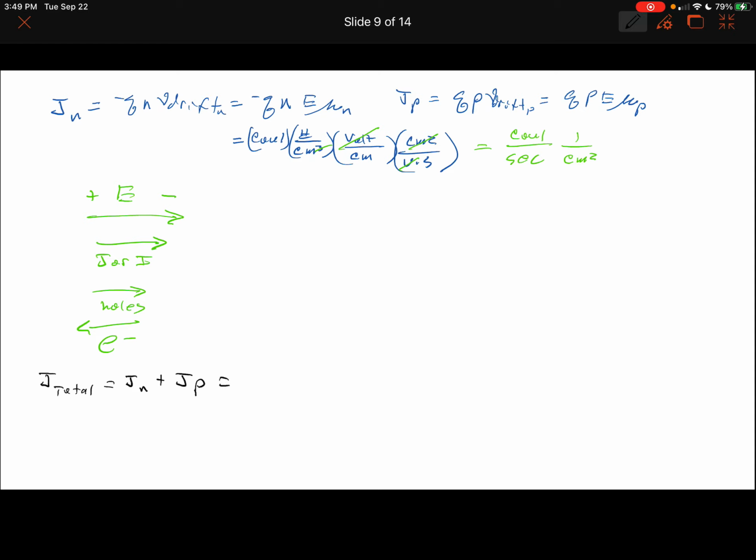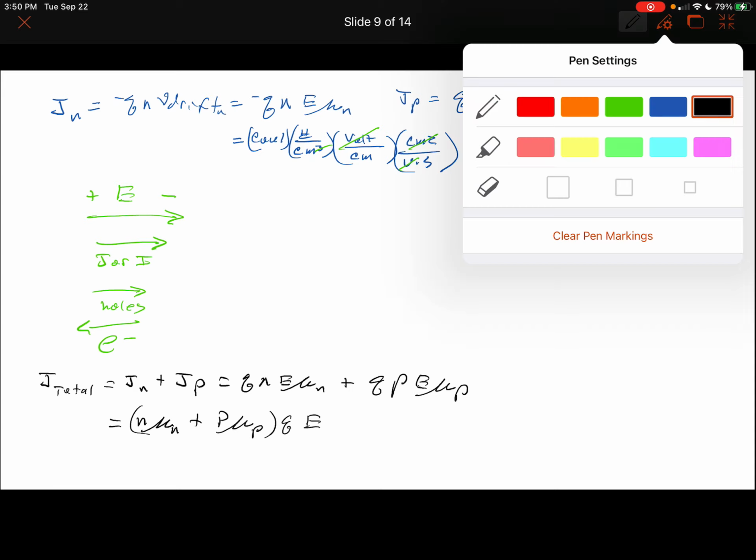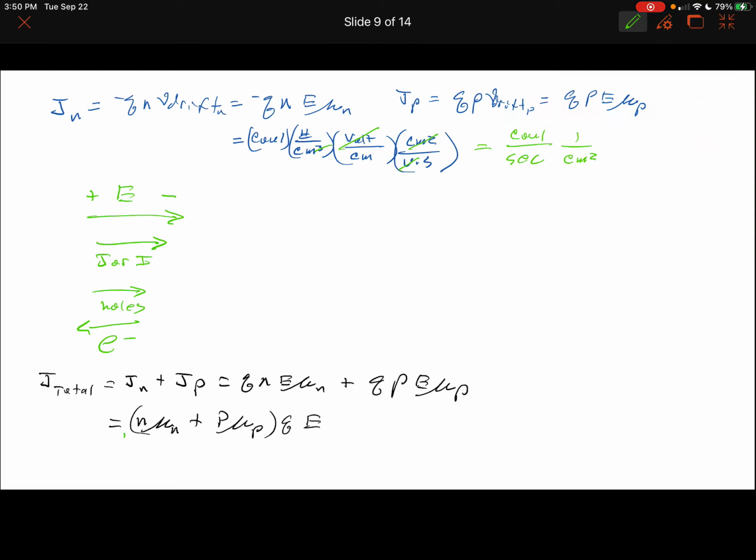So we can write this out. That equals Q times N times E times the mobility of N plus Q times P times the field times the mobility of holes. And if I rearrange that, then I've got N times the mobility of electrons plus P times mobility of holes, times Q times E. And this much is usually a constant.